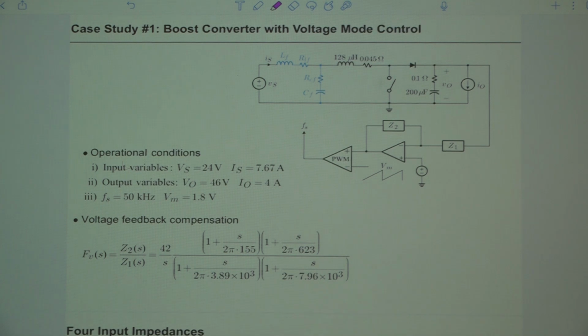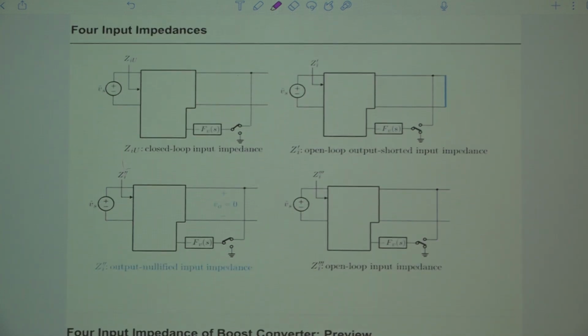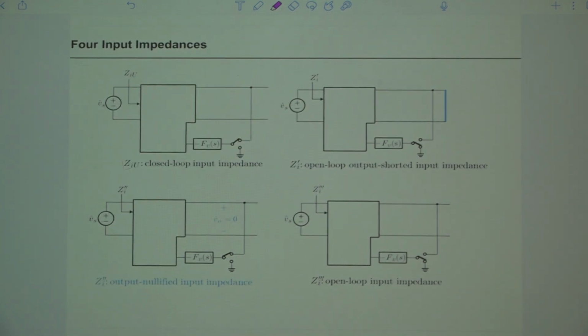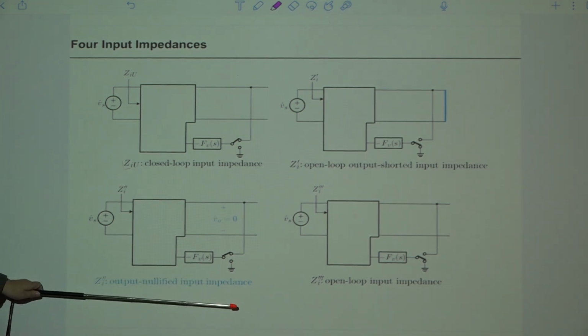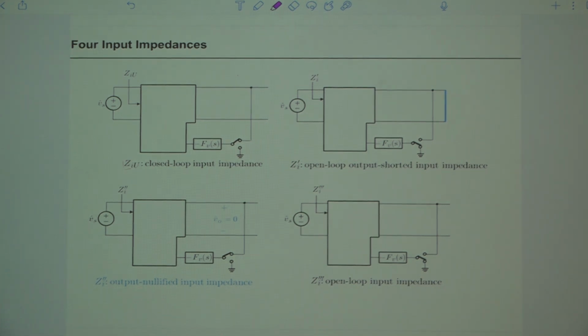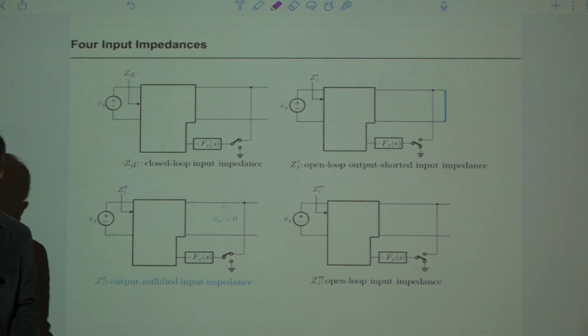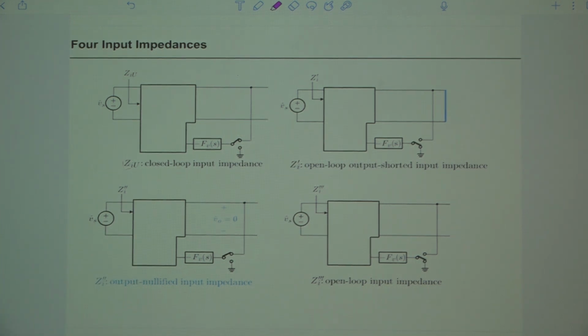The feedback compensation is selected like that. And we have 4 impedances: the input impedance defined previously, the closed loop input impedance, and this is the output nullified input impedance. To have the output nullified condition, the loop should be closed. So this is actually a closed loop input impedance.